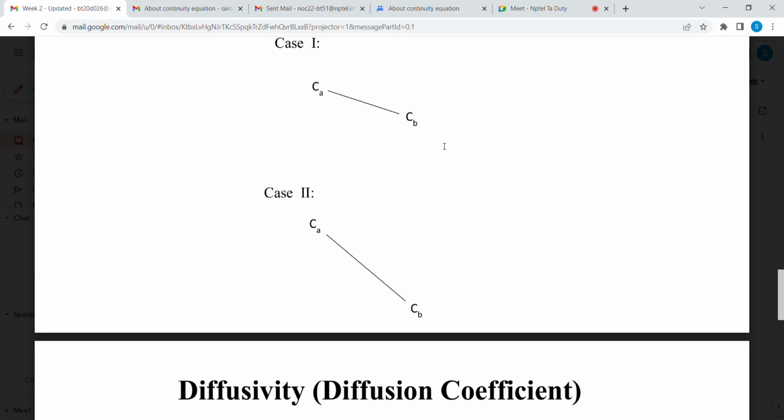However, to avoid this inconvenience that there is a delta x and there is a minus delta x, what we do is we square the terms.